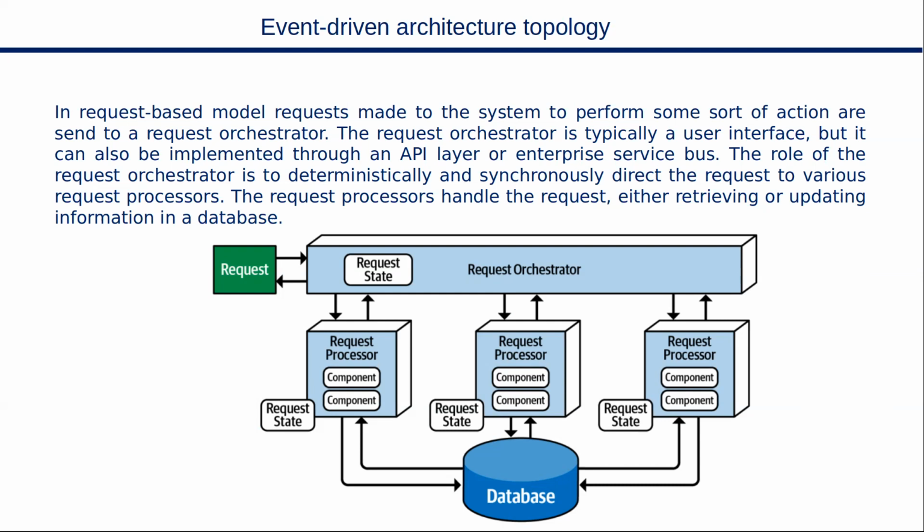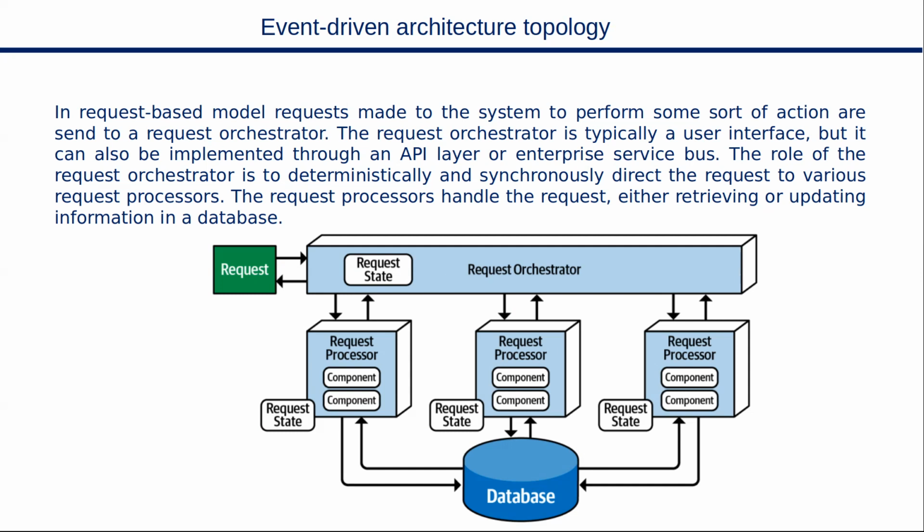In the request-based model, requests made to the system to perform some sort of action are sent to a request orchestrator. The request orchestrator is typically a user interface, but it can also be implemented through an API layer or enterprise service bus.